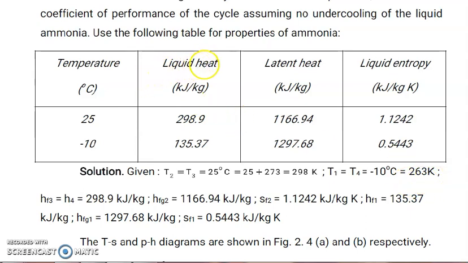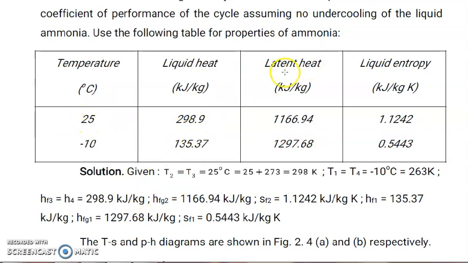Liquid heat, hf, is given, so we can write hf3 is equal to h4. Why is it equal? This is an isenthalpic expansion process. Enthalpy is constant. For that reason, you are writing hf3 is equal to h4, that is 298.9 kilojoule per kg.